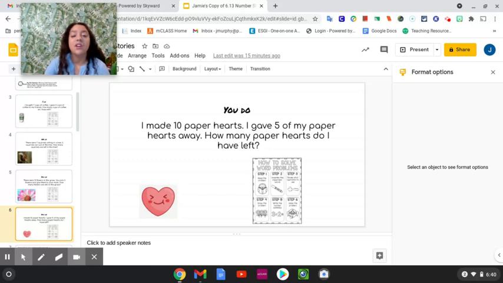You should be drawing the word problem. 10 hearts. You give 5 away. How many are left? Write a number sentence.